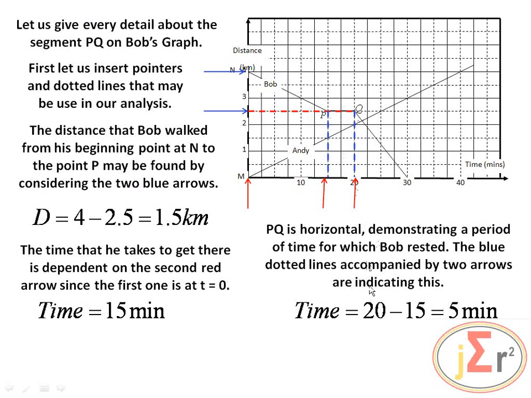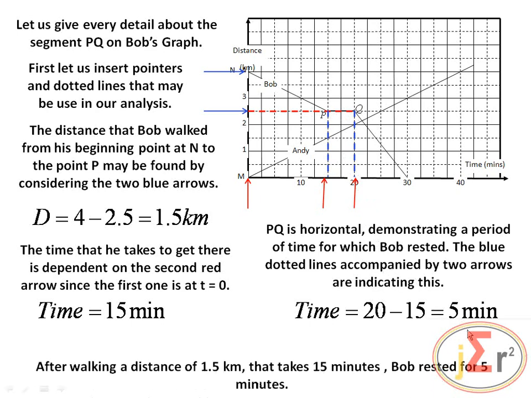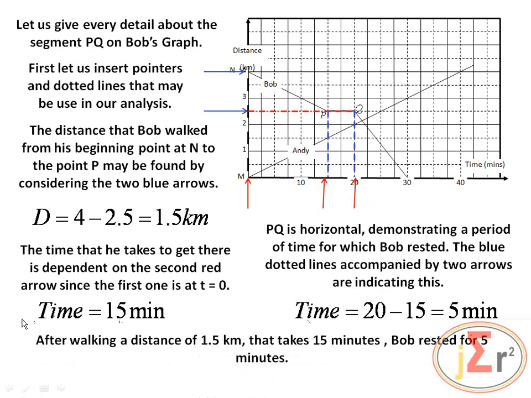And of course this is 20 and this is 15. So the period of time is 5 minutes. So we are going to describe this section fully by saying, after walking a distance of 1.5 kilometers that takes 15 minutes, Bob rested for 5 minutes.